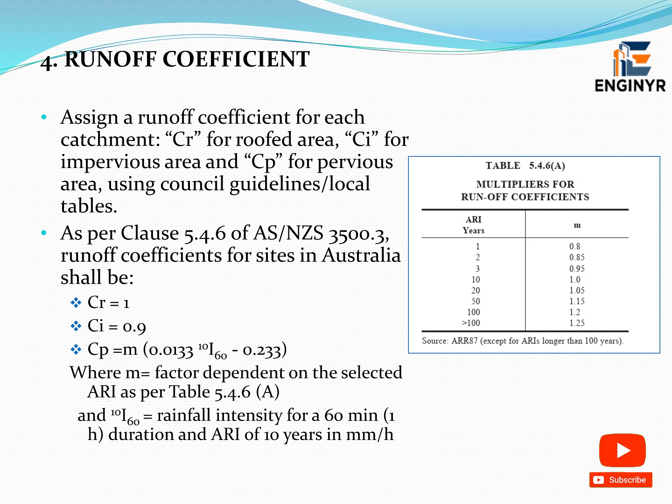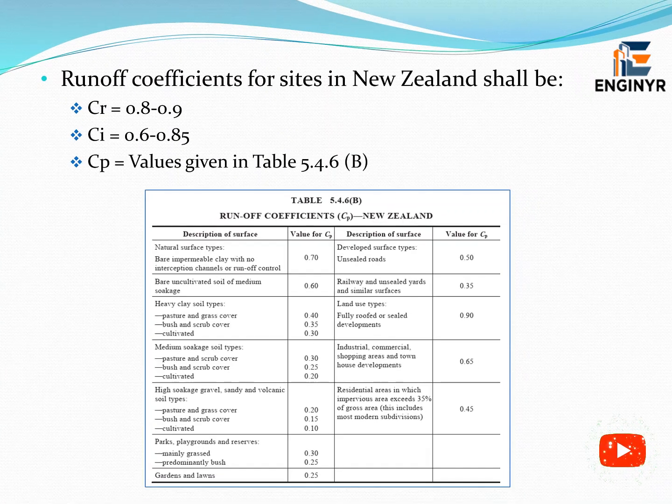As per clause 5.4.6 of AS/NZS 3500.3, for sites in Australia, CR equals 1, CI equals 0.9, and CP is calculated using a formula involving the factor M, dependent on the selected ARI and the rainfall intensity for a 60-minute duration at an ARI of 10 years. For sites in New Zealand, CR ranges from 0.8 to 0.9, CI ranges from 0.6 to 0.85, and CP values are given in Table 5.4.6b.